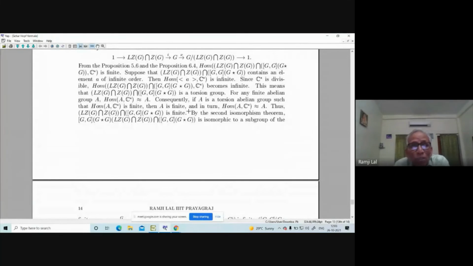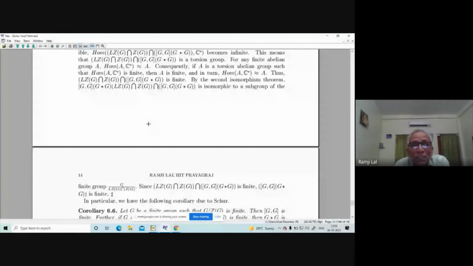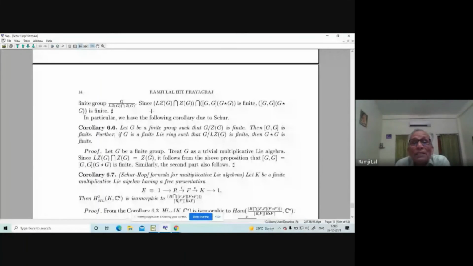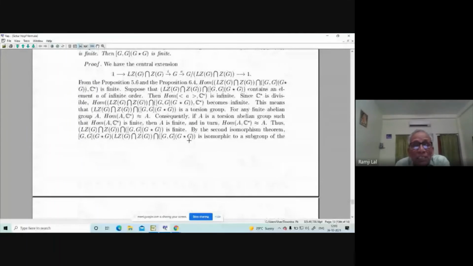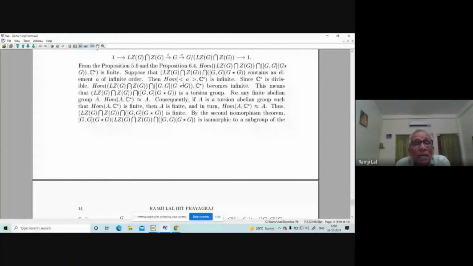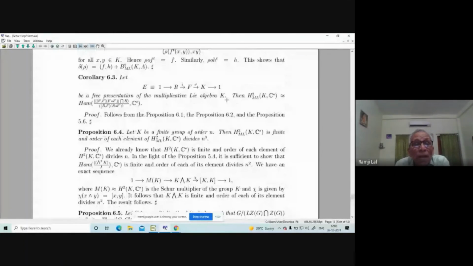So it's isomorphic to the subgroup of this, as you see. And if you use the fact that this is finite and use it for the free central extension, then you see here that the commutator of this, the central, this by the center, is finite, that comes from the earlier consideration.